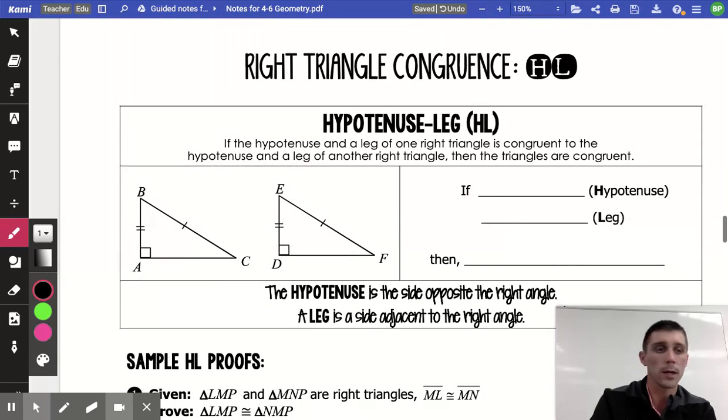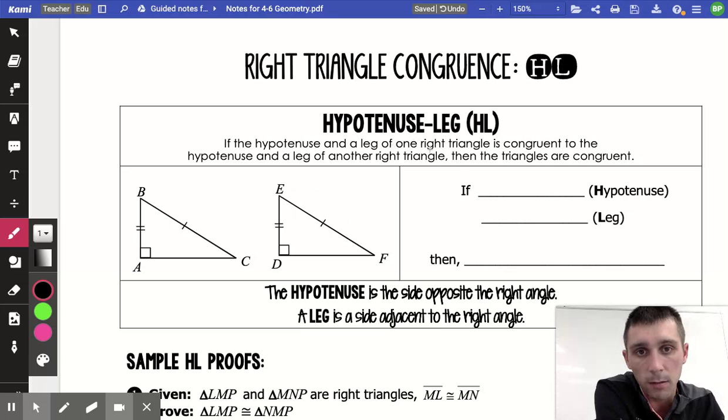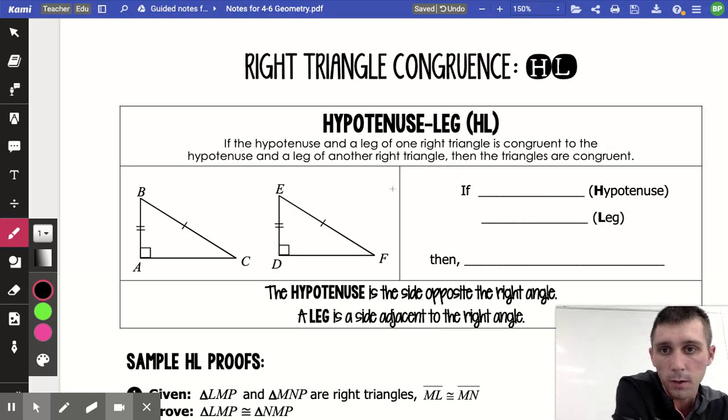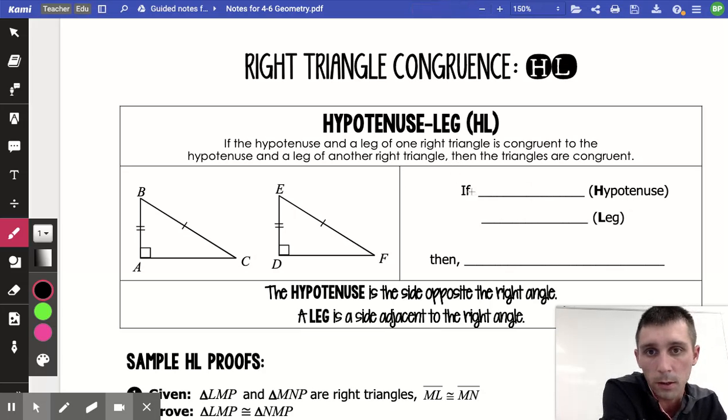We're going to go to right triangle congruence with hypotenuse leg. So anytime you have a right angle, you are going to use hypotenuse leg, all right? If the hypotenuse, the diagonal, and a leg of one of the right triangles is congruent to a hypotenuse and a leg of another right triangle, then they are congruent.